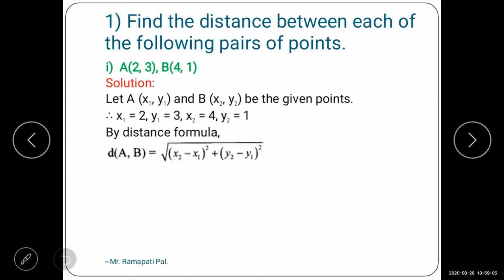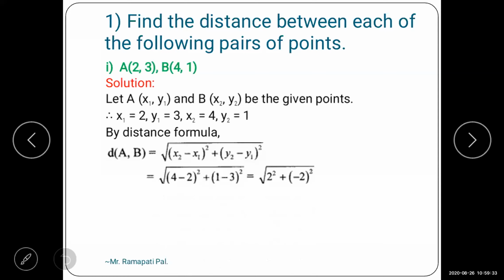So 4 minus 2 is 2, plus y2 minus y1. What is y2? 1. What is y1? 3. So 1 minus 3 is minus 2. So in this way you have to substitute the values. So distance AB is equal to under root (4 minus 2) whole square plus (1 minus 3) whole square.